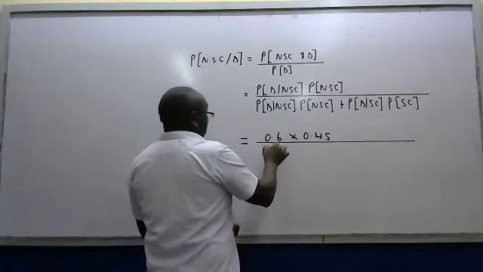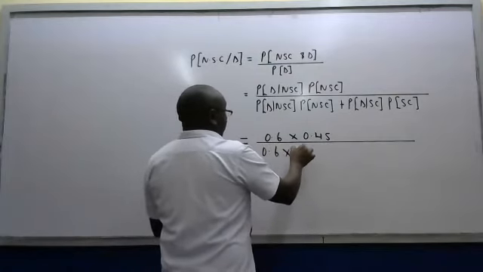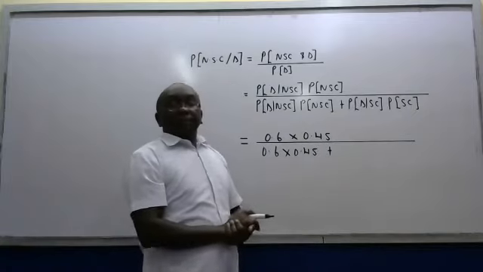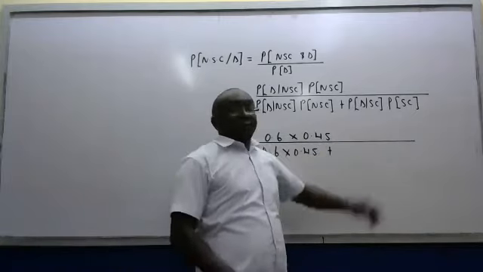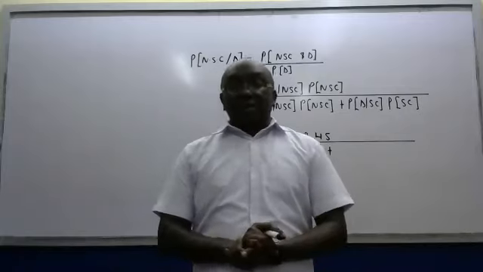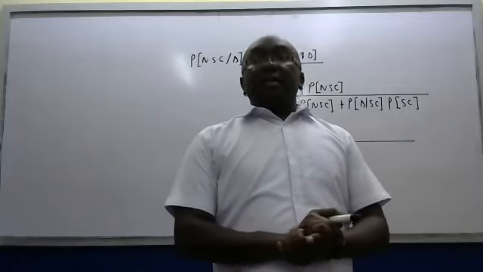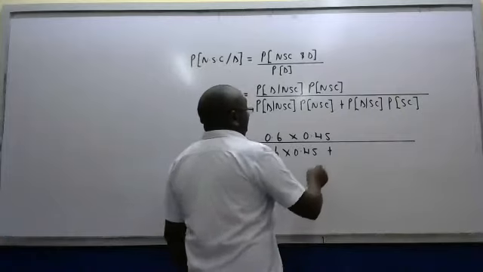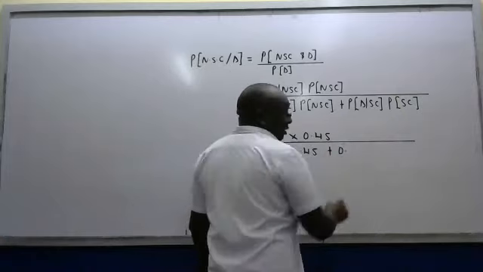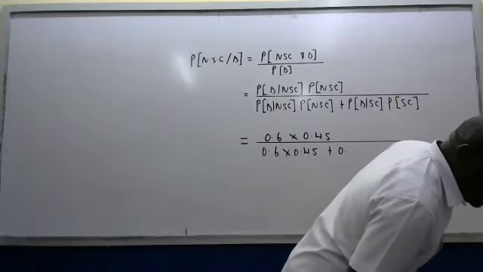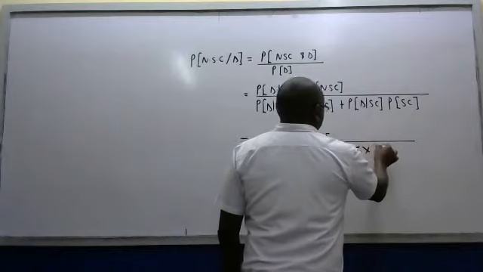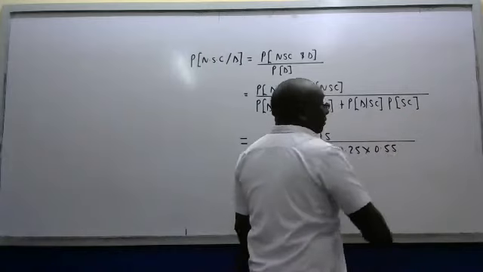Therefore, we proceed and get 0.6 times 0.45 plus probability of getting a defect when we are set correct, which is 0.25, and the probability that we are set correct is 0.55.